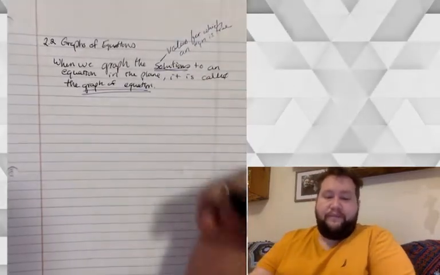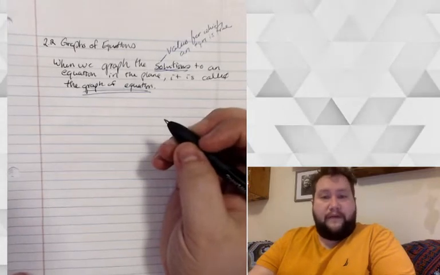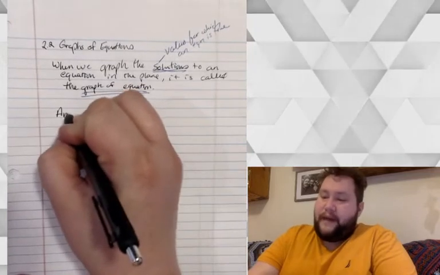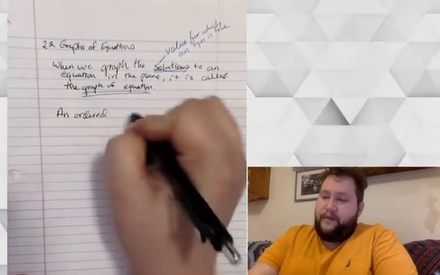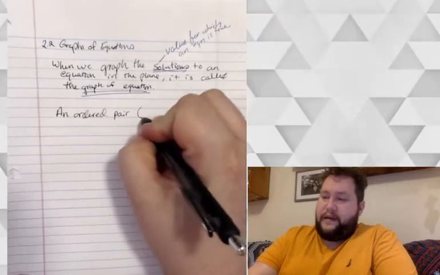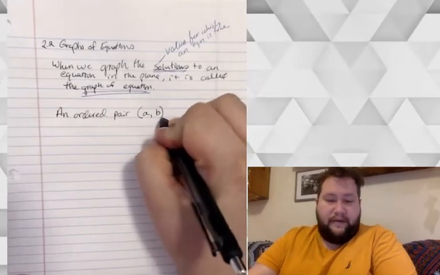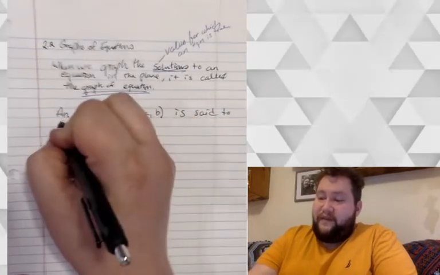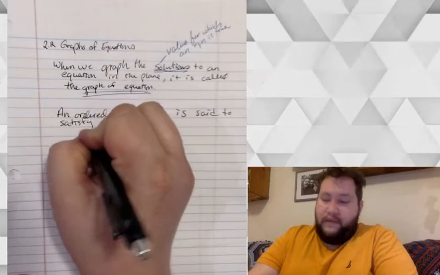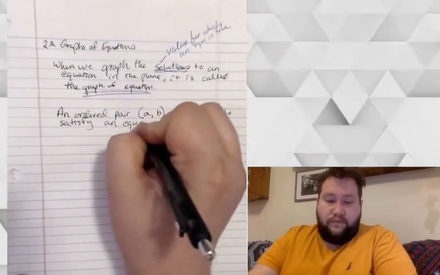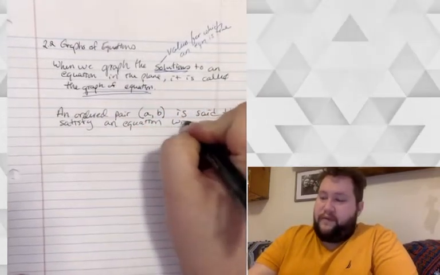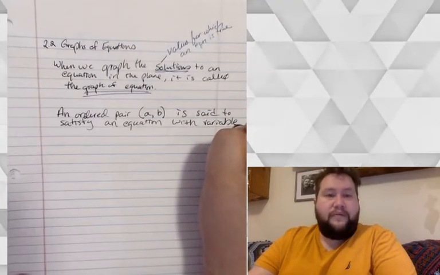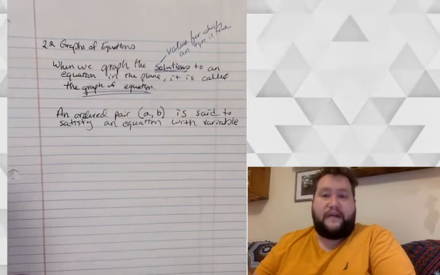And so we talked about ordered pairs in the Cartesian plane in our previous video. And so an ordered pair, remember, ordered pairs look like one number then another. It is said to satisfy an equation with two variables, right? So if we only have one variable, we would just need a single value to satisfy that equation.